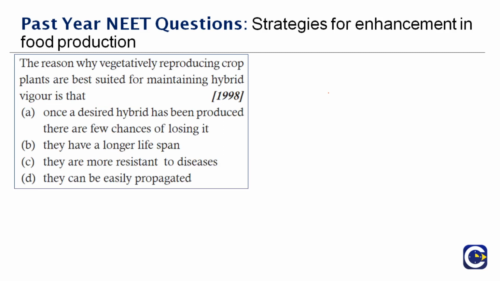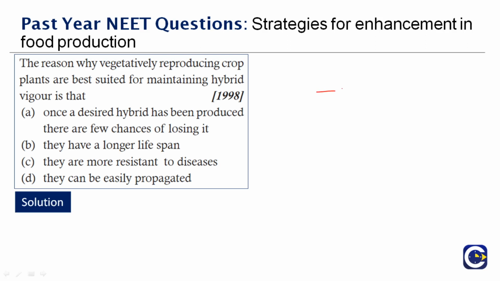Next question here. The reason why vegetatively reproducing crop plants are best suited for maintaining hybrid vigor is that. We all know what is hybrid, but what do you mean by hybrid vigor? See, it is the tendency of a crossbred individual to show qualities superior to those of the parents.